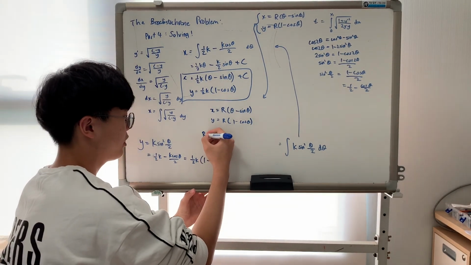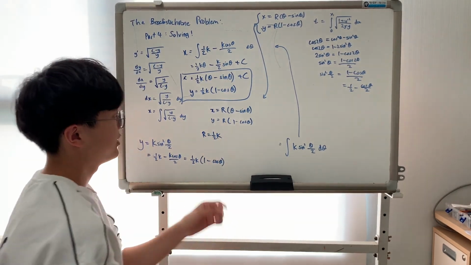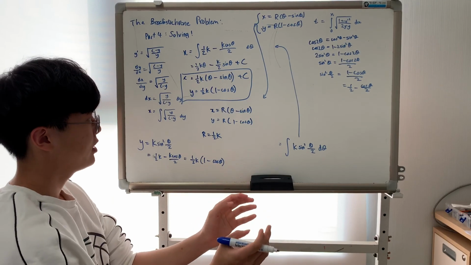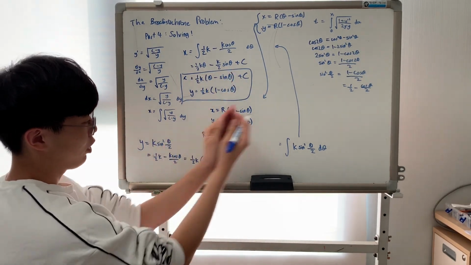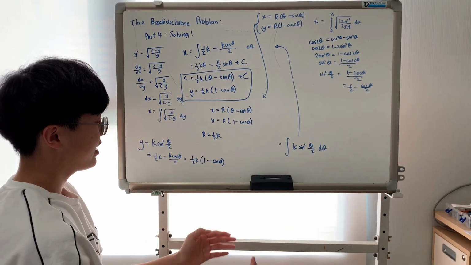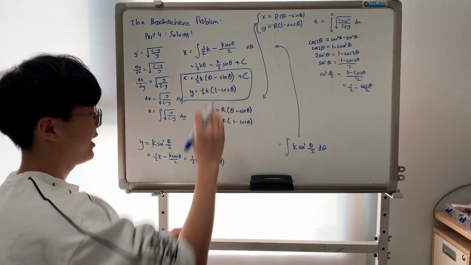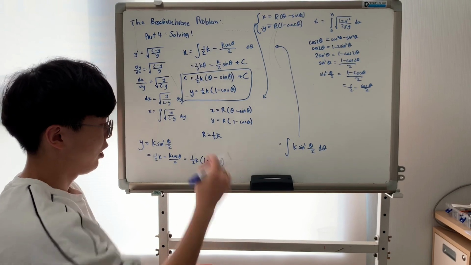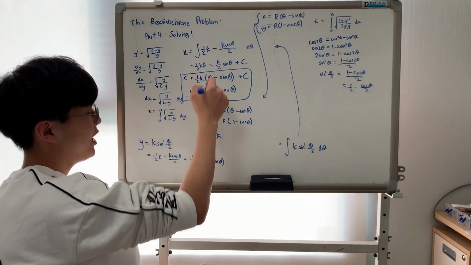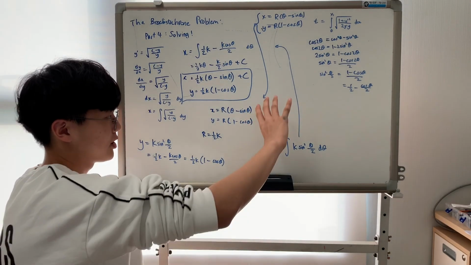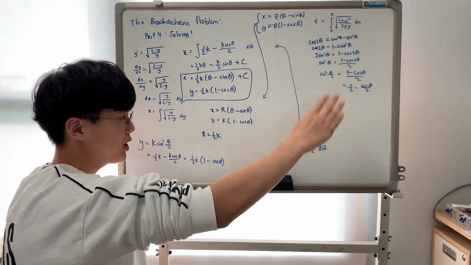When we said r is equal to 1/2 k, and c is just a translation in x, when you get x minus c, then it's a horizontal translation. We basically get both of them in the form of a cycloid when r is equal to 1/2 k. So we just ensure that k is equal to the radius of the circle we are rotating.